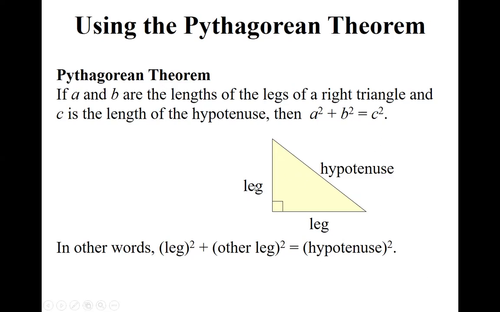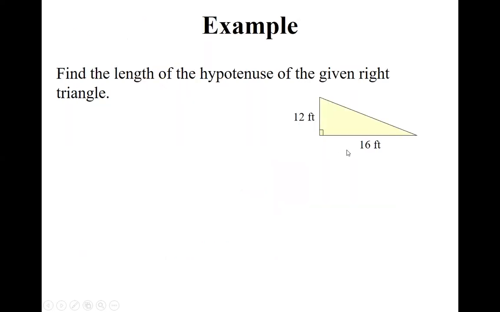Or leg squared plus leg squared equals hypotenuse squared. The hypotenuse is just the side of a right triangle that's directly across from the right angle. We can use this theorem to find missing lengths of triangles if they are right triangles, triangles that contain a right angle.